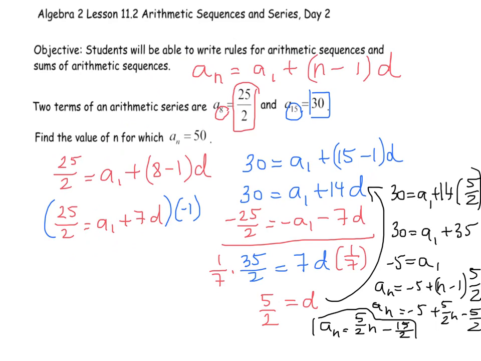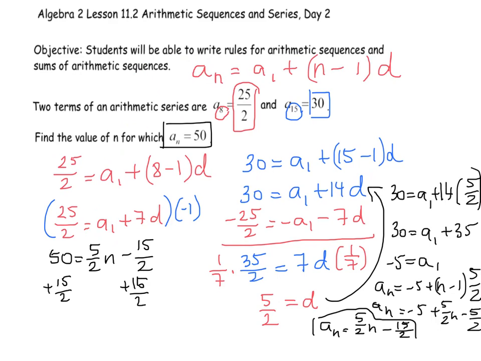Now all I need to do is find the value of n where an is 50. So simply I can make 50 equal to the rule, which is 5 over 2n minus 15 over 2. And I need to solve for n. So I have to add 15 over 2 to both sides.